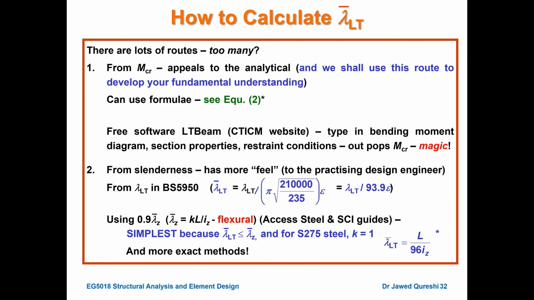The second one is from BS 5950, the old British code, which is lambda-bar LT is equal to lambda LT divided by 93.9 epsilon. The easiest and simplest one which structural engineers use is lambda LT equal to L over 96 iz, but this is only valid for S275 steel.